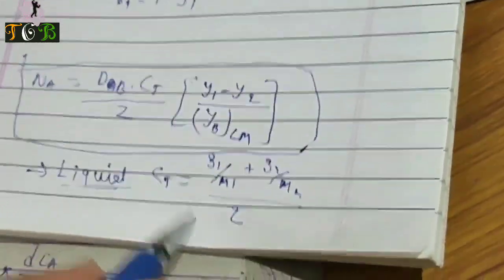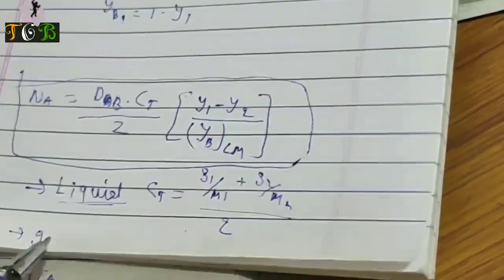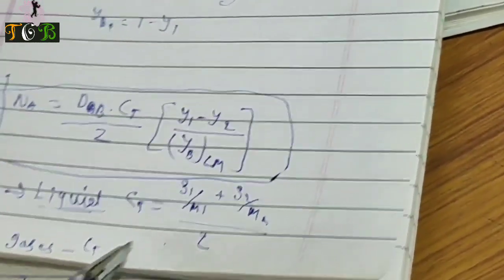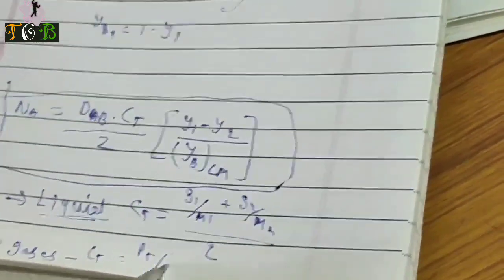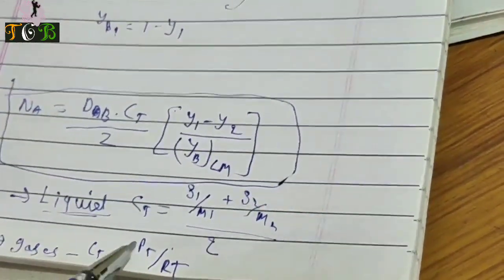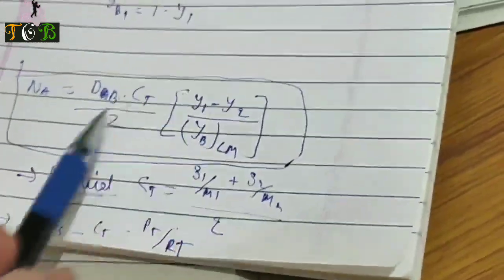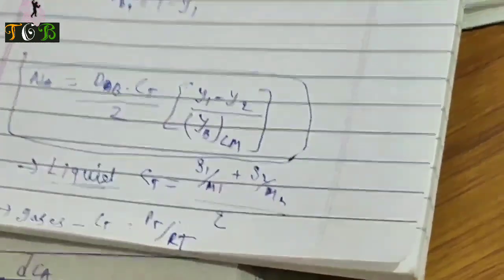This you have to use. But for gases, you have to use ct equal to total pressure by RT. Okay, it's really simple. So put it here and you will get the formula, and now we'll find the other forms also.